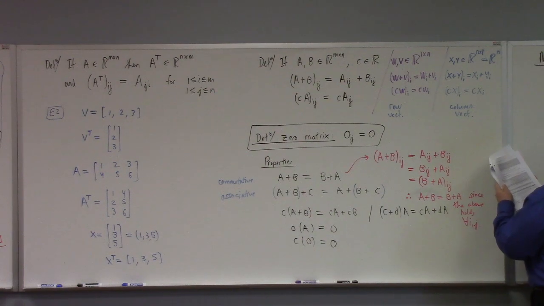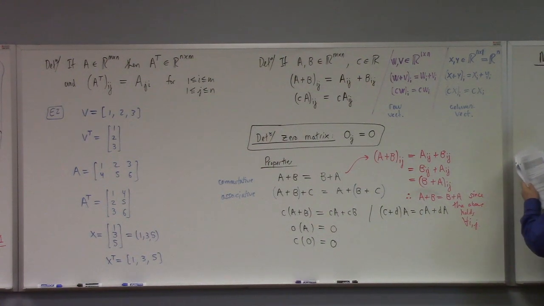Let A be in R^(m by n), and B be in R^(n by p).